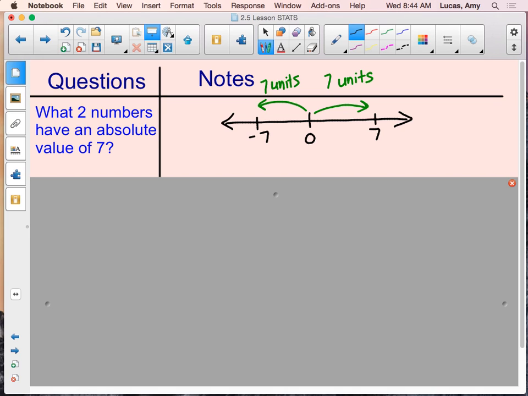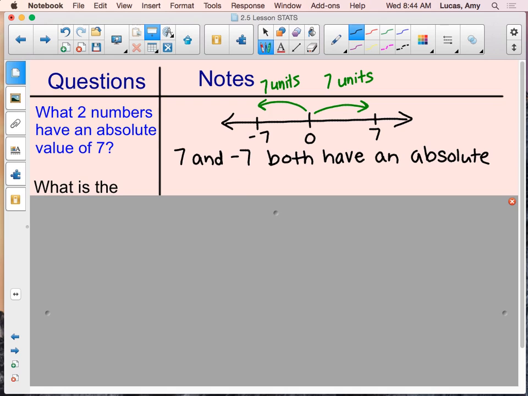So to answer this question, what two numbers have an absolute value of 7, I would say 7 and -7 both have an absolute value of 7, because they are both 7 units away from 0.